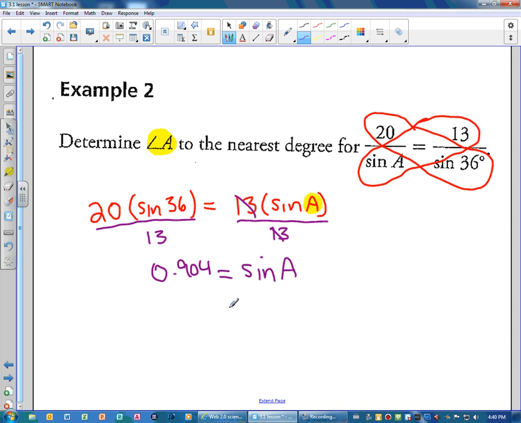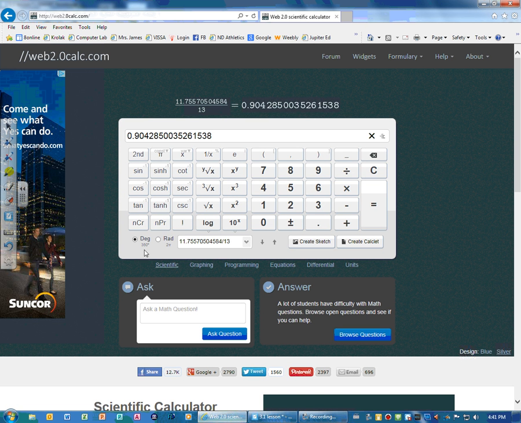So hopefully you remember from Math 10 that anytime you want angles, you want angle A, you're going to have to take the inverse sine of that number. So on your calculator, you might have to go second function. On this online calculator, I'm going to go second sine. Here's that sine -1.